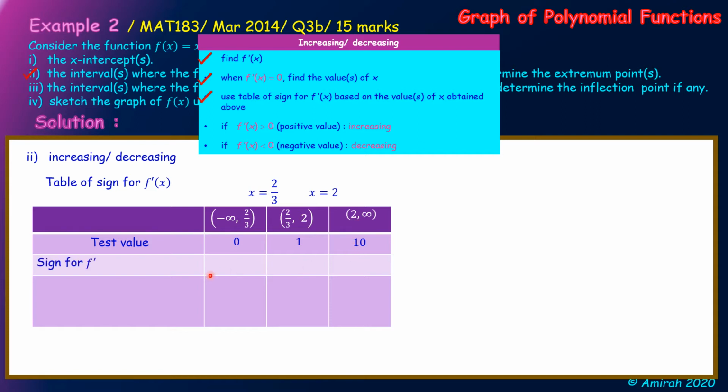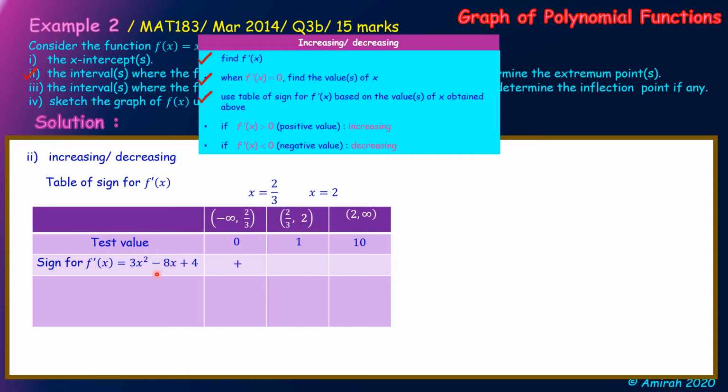Then the sign for f prime x. From the previous slide, we have f prime x equals 3x squared minus 8x plus 4. To find the sign, we substitute 0 for x here.